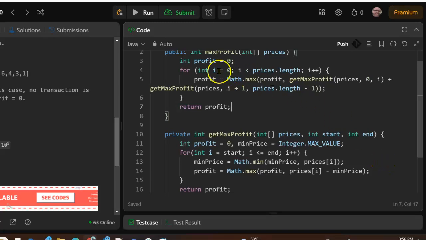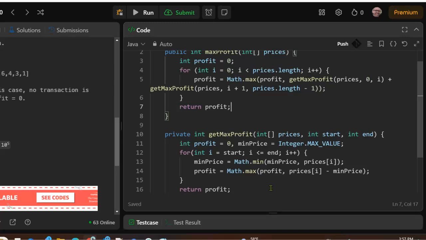Okay, but we've got a nested loop here. We've got a loop that goes from 0 to prices length. We have another loop down here that goes from start to end. But actually, we're going to run that loop twice. And taken together, they're going to go from the beginning of the prices array to the end of the prices array. So it's an O of n squared algorithm.